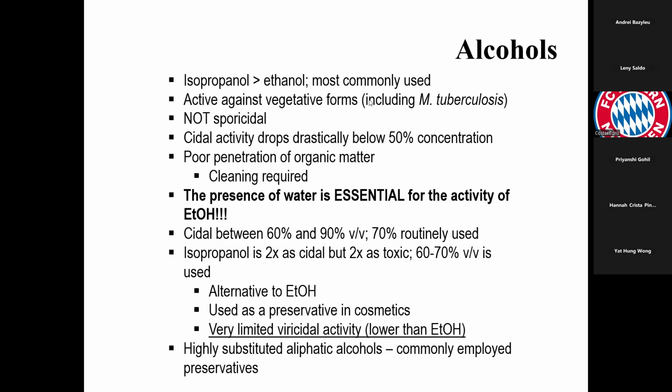So it's active against vegetative forms, but not so much against the spores. They're not sporicidal, and that's their obvious downside. Cidal activity drops drastically below 50% concentration. What does that mean? If the concentration of your alcohol is below 50%, you start losing the efficiency of the disinfectant significantly. So you always want to keep it above 50%.